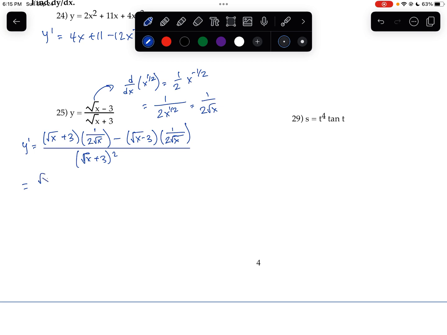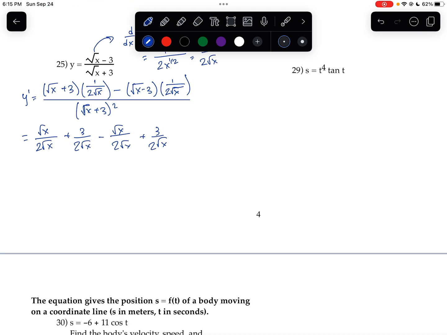So we have square root of x divided by 2 square root of x plus 3 over 2 square root of x, minus square root of x over 2 square root of x plus 3 over 2 square root of x.